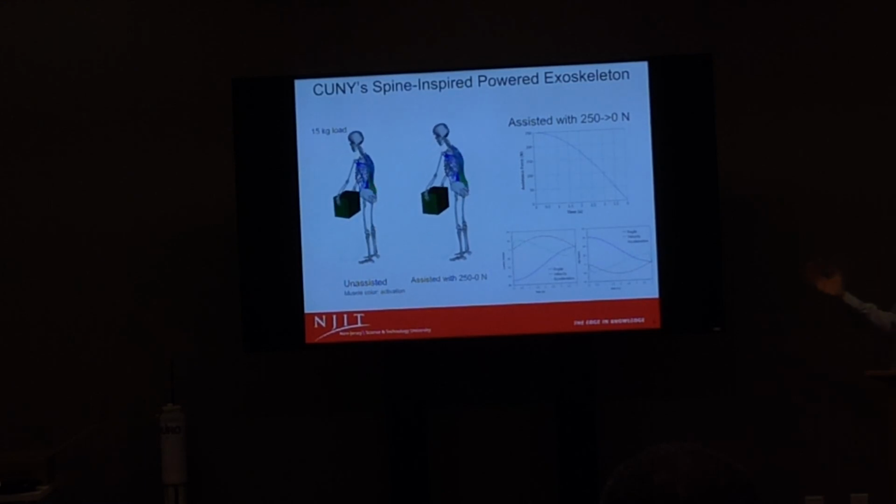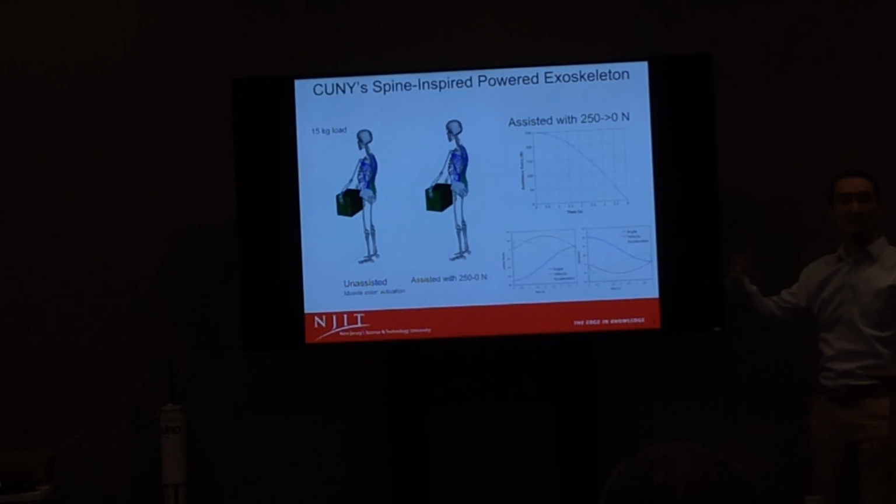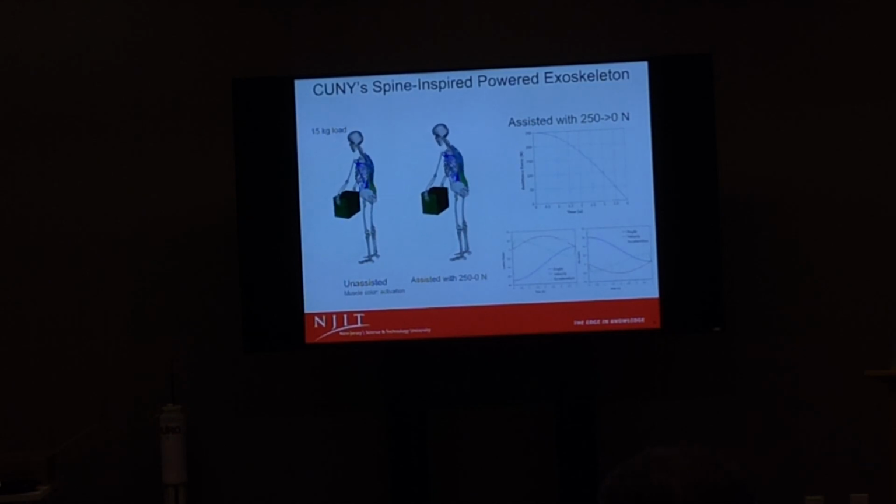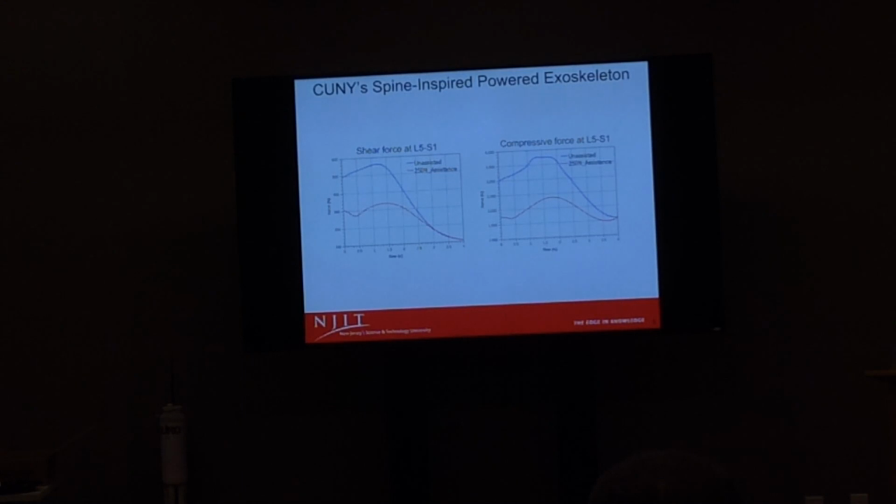As you can compare the muscle activation, you can see it does reduce muscle activation quite a bit, especially at the beginning, where you have a large force applied. So there are consequences here. What you can see is that it reduces the shear force between the lumbars, especially L5 and S1.